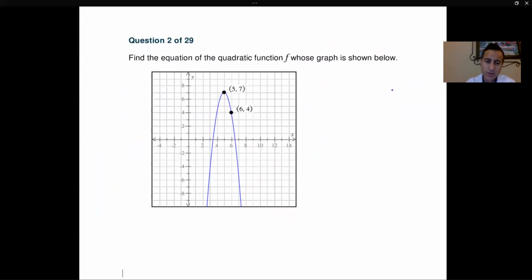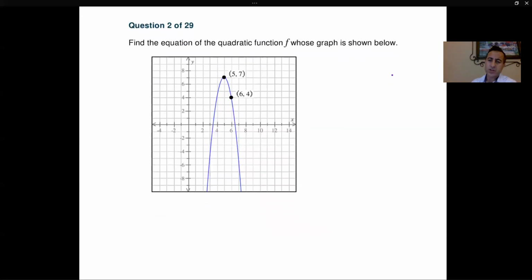We can check it if we want to as the other step. So find the equation for the quadratic function whose graph is shown below. So for this type of problem, we know it's quadratic because it's stated.